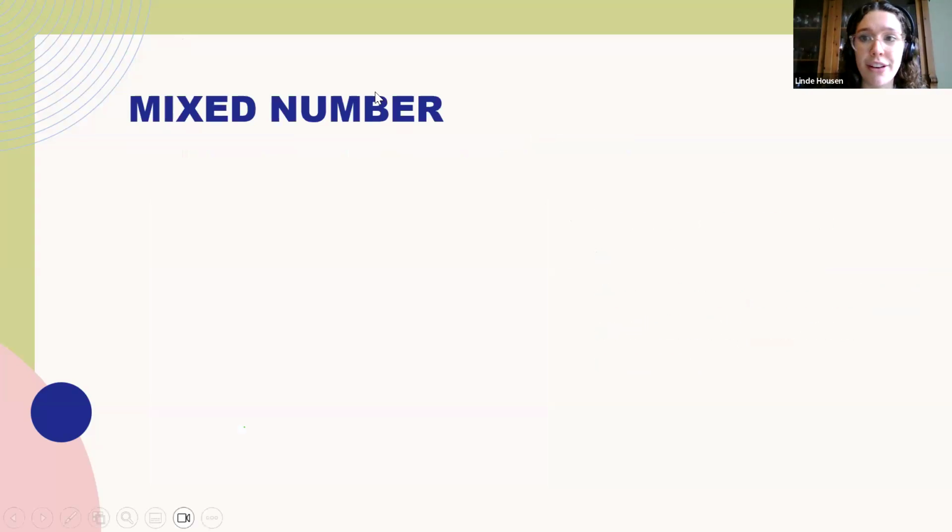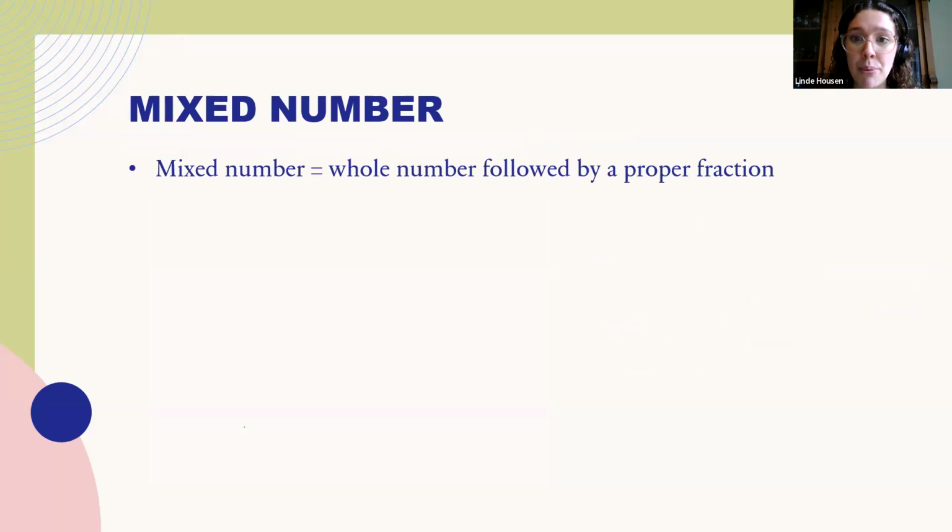So now the final thing we will see before we start our exercises on the Kahoot quiz is the mixed numbers. So mixed numbers means that we have a whole number followed by a proper fraction. Can anyone repeat what a proper fraction is or type it in the chat as well? Also possible. What is a proper fraction?